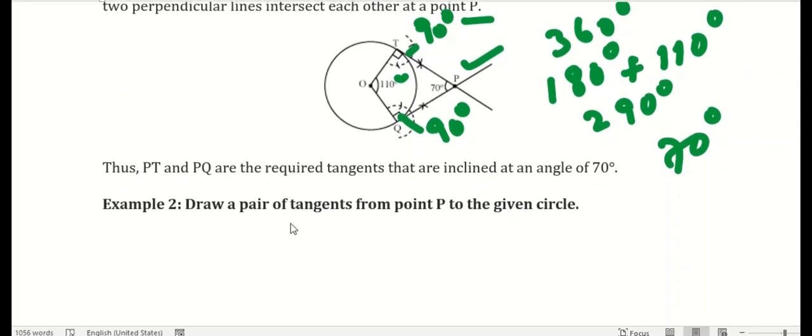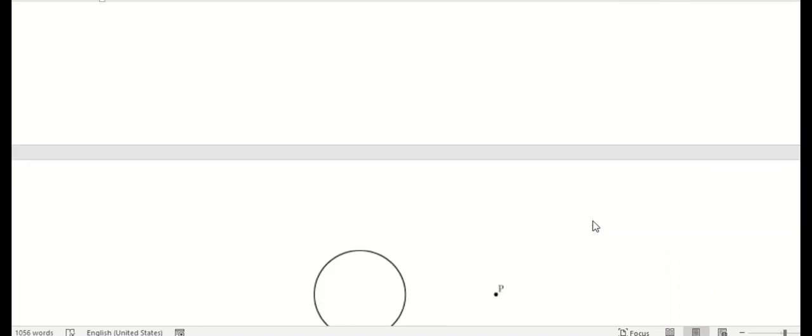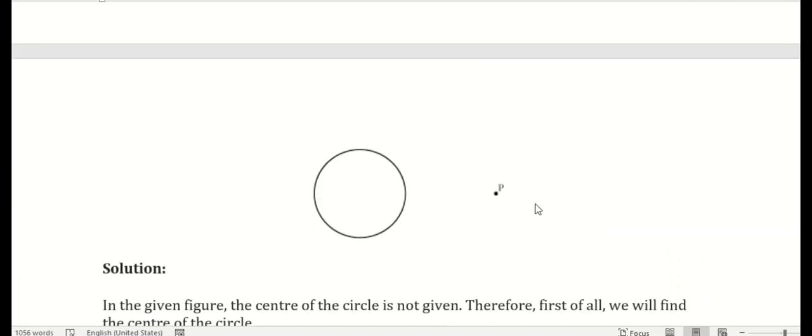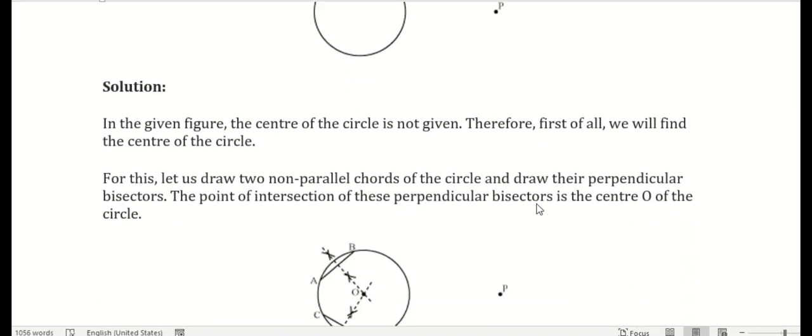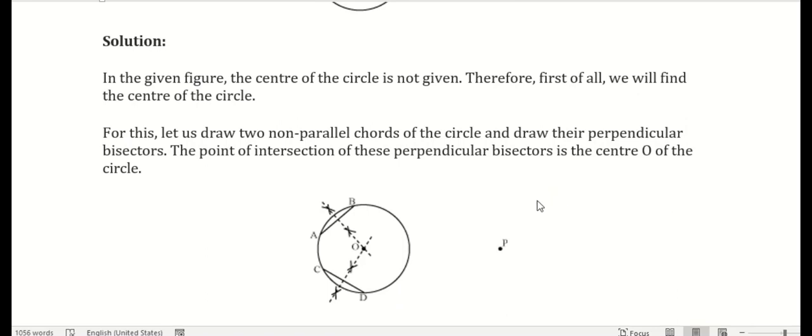Example 2: draw a pair of tangents from point P to the given circle. Now let's see here. First of all, we draw the circle. In the given figure, the center of the circle is not given, right? The point is outside of the circle. So first of all, we will find the center of the circle.